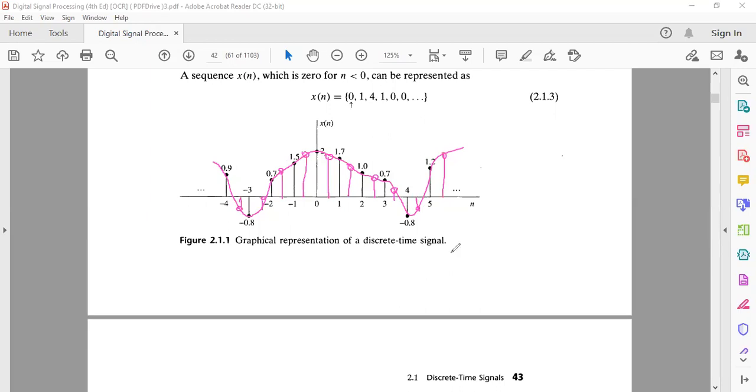Discrete signals don't work like this. I want to give you another scenario, and you will realize that this could also have been possible. A situation like this is also possible.